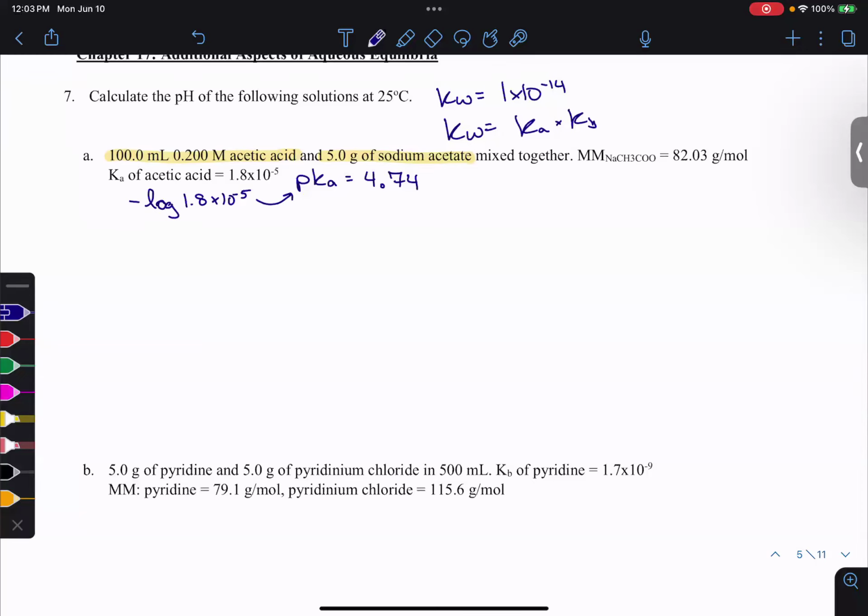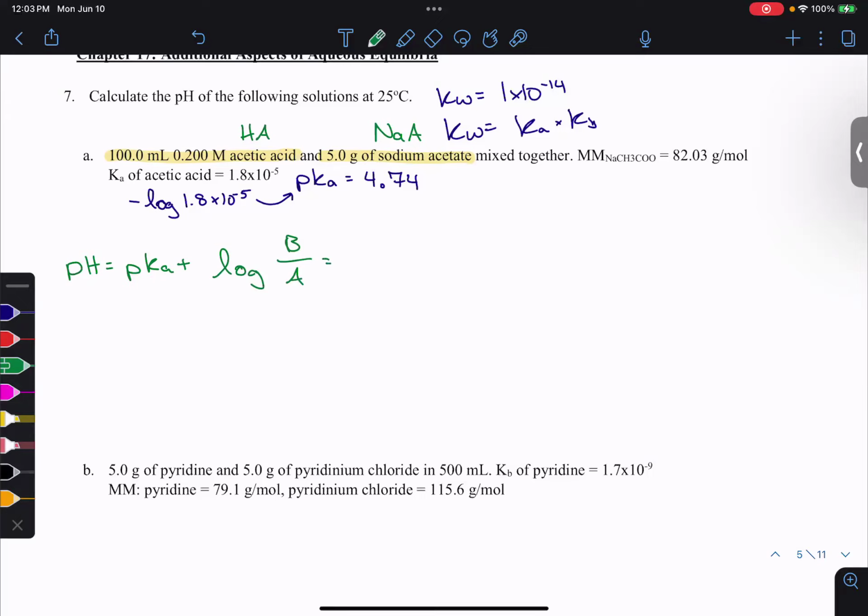So what are we mixing together? Acetic acid is a weak acid. How do you know? I gave you a Ka, so that is HA. What is sodium acetate? What are you adding? It is its conjugate. So sodium acetate is NaA. So this is a buffer. We're using the Henderson-Hasselbalch equation: pH equals pKa plus log base over acid.